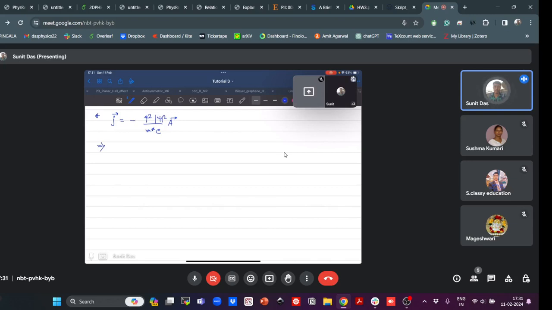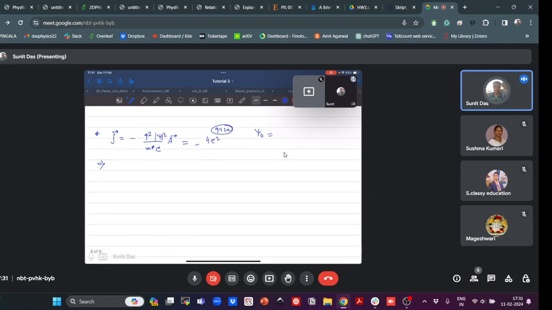So then we'll have minus 4e square, with q equal to 2e, and then let's say psi 0, we'll use that information from the Landau theory.